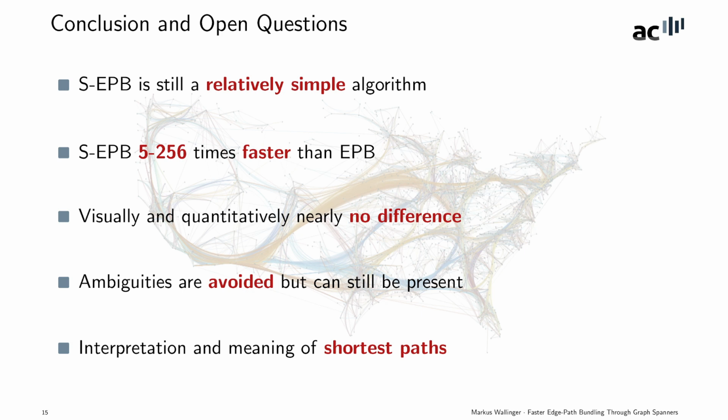Similarly, shallow angle crossings are not necessarily avoided by spanner edge path bundling and can indicate an unfaithful representation of the data. Lastly, we are bundling against shortest paths. While paths usually have meaning, here they are mainly used as a tool to compute a bundling.